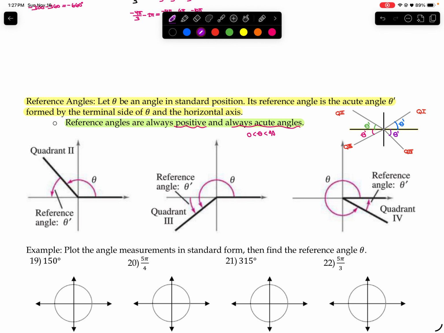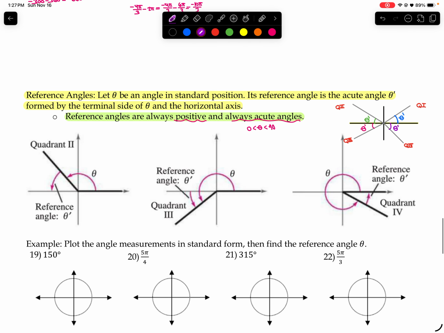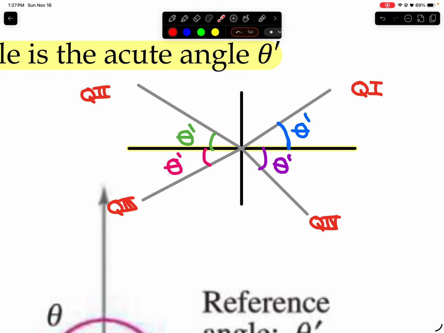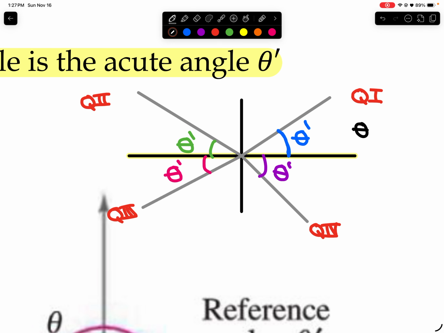So down here, notice that there's only 3 diagrams. I have diagrams for quadrant 2, quadrant 3, and for quadrant 4. Now that's because if I'm looking in quadrant 1, the reference angle is the actual angle. So just know the actual angle is going to be theta, the reference angle is going to be theta prime.